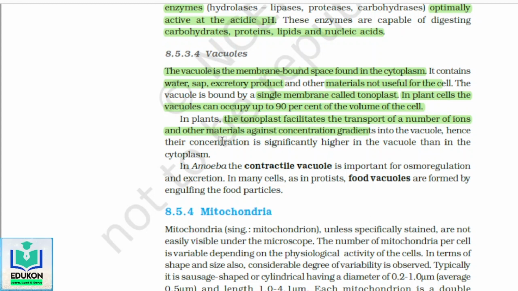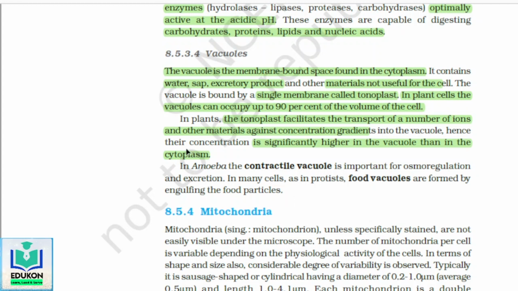Against the concentration gradient means moving of molecules from lower concentration to higher concentration, where energy is involved, that is ATP. Hence their concentration is significantly higher in the vacuole than the cytoplasm. Yes, because the transport is against the concentration gradient, the concentration of the materials is higher in the vacuole than the cytoplasm, because the tonoplast facilitates the transport of ions against the concentration gradient.